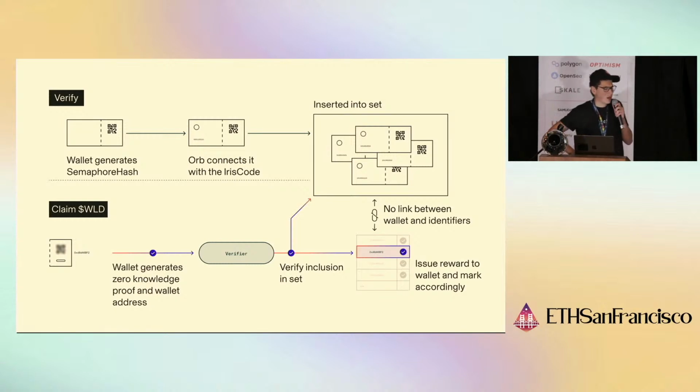In the background, what's happening is the Worldcoin app is generating a random secret, and it's showing the public part of that secret to the orb in a QR code. The orb then takes a picture, computes the iris code, checks that it hasn't seen it before, and if you're a unique person, it'll insert the public key into this list of verified identities, which lives on-chain, currently on Polygon, and we're working on bringing it multi-chain.